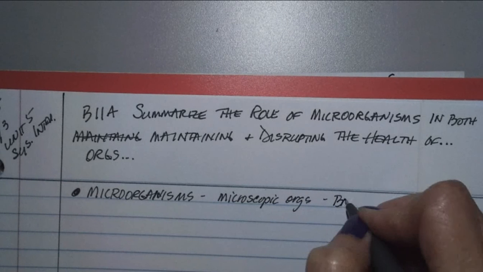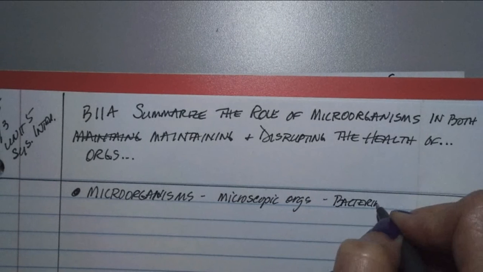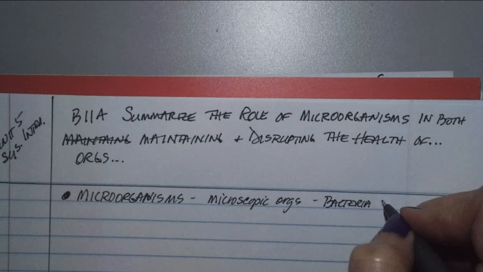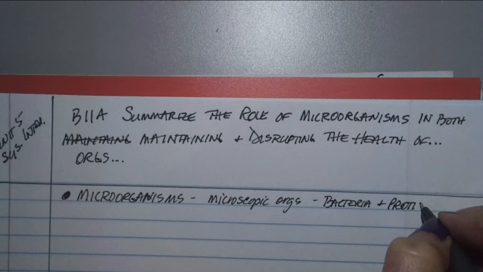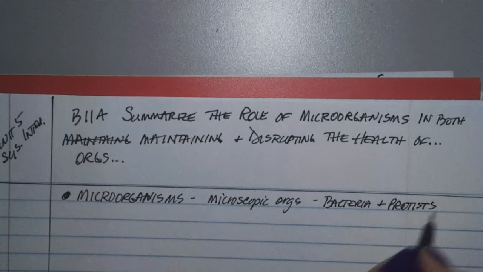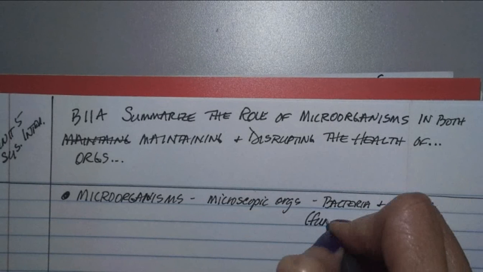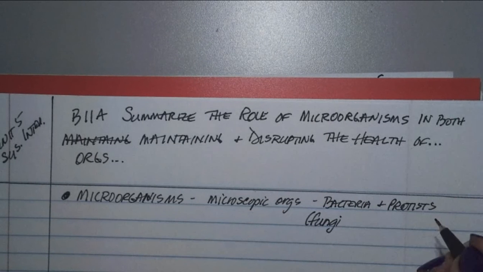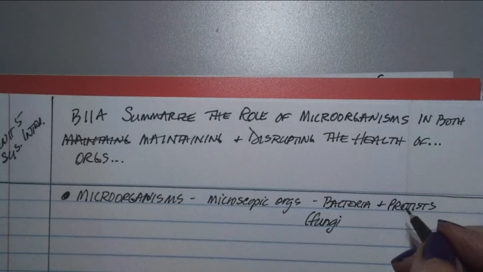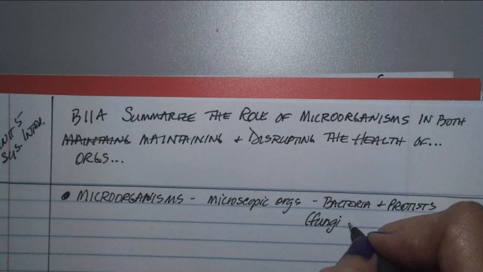Most common bacteria and protists. Those are two of our kingdoms we talk about, protists and bacteria. But I'm going to throw in fungi. Remember, the vast majority of fungi are multicellular, but we have a couple of exceptions that are unicellular. Fungi, and then we also have some algae. Some algae are protists, some are plants, but we have a few algae that are really small like that.